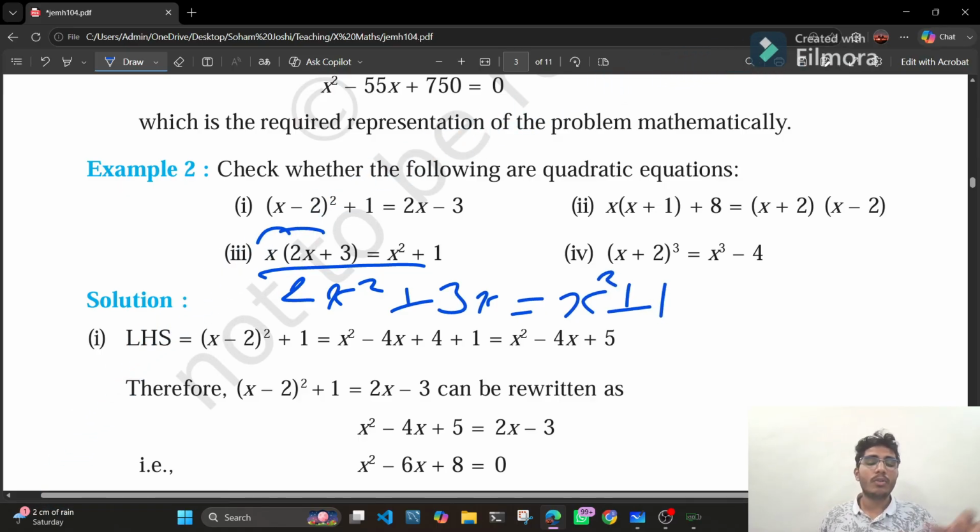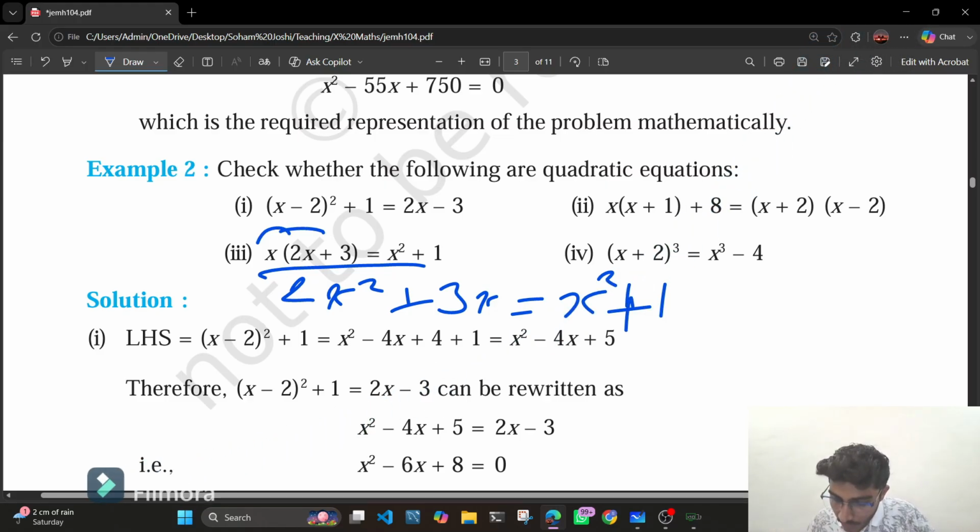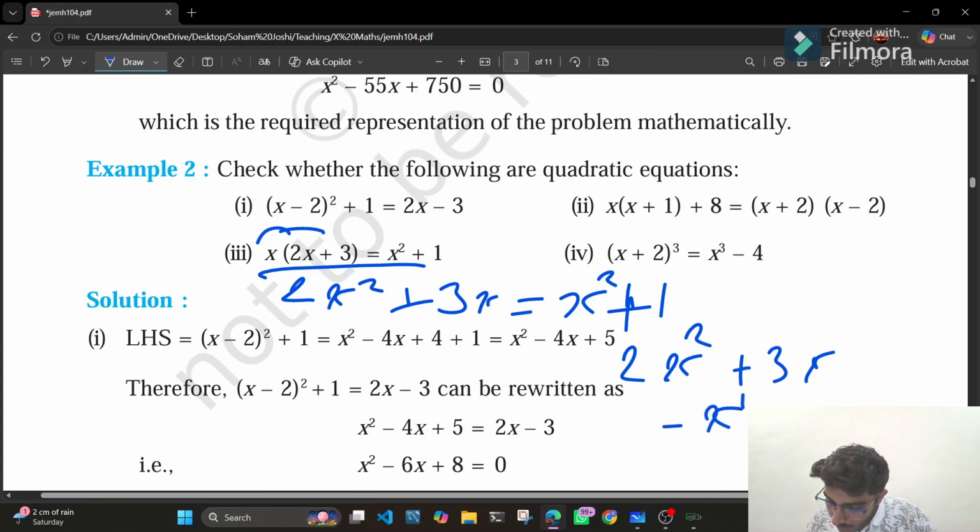So we need to make 0 on the LHS or RHS anywhere. So I'll just shift the whole right hand side part to the left hand side part. So 2x square plus 3x minus x square minus 1 equal to 0.